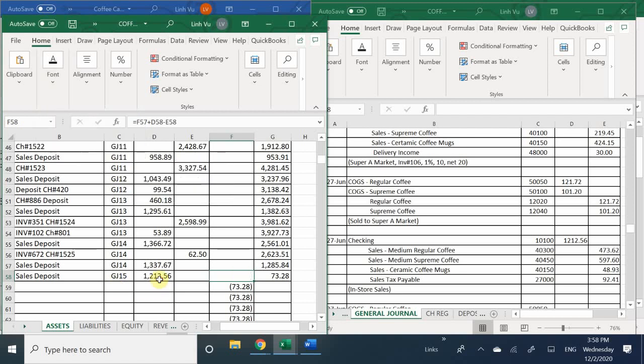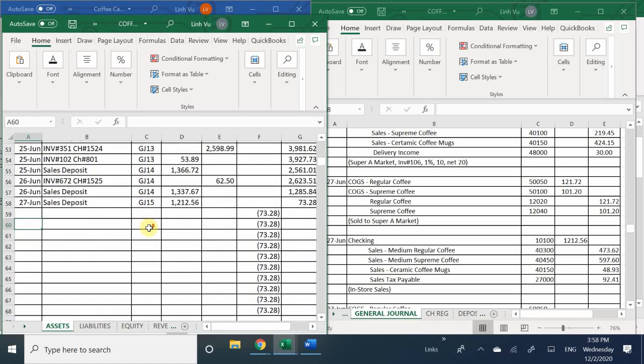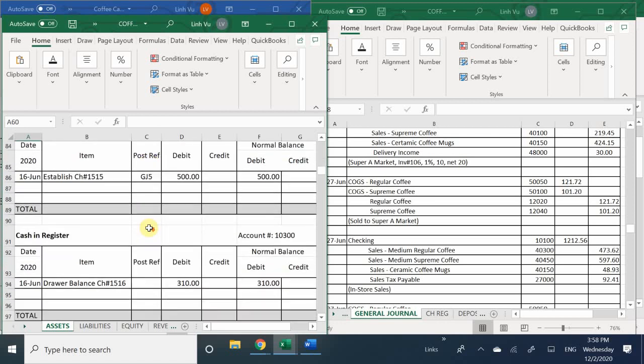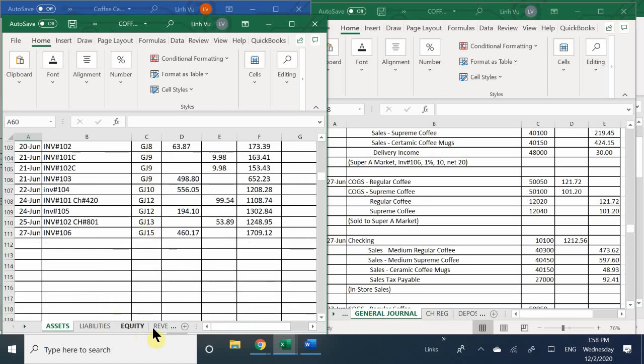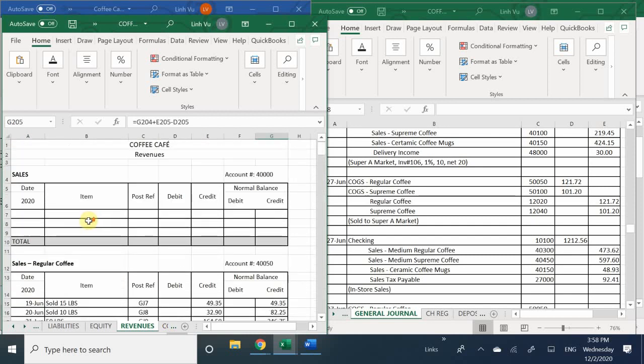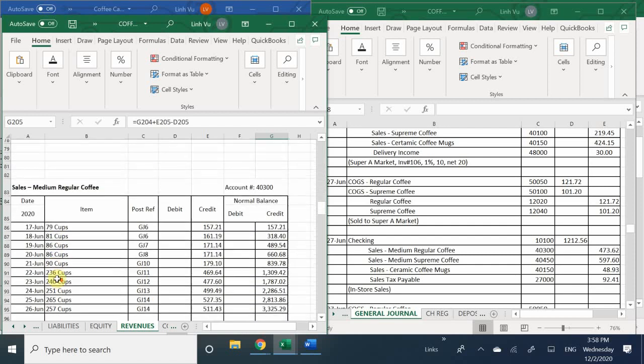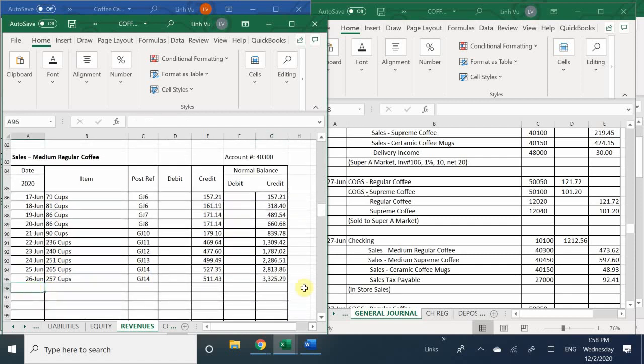All right. Now we are going to go to our sales for our medium regular coffee. Here we are, 627, sales medium regular coffee. 6/27 for our date.